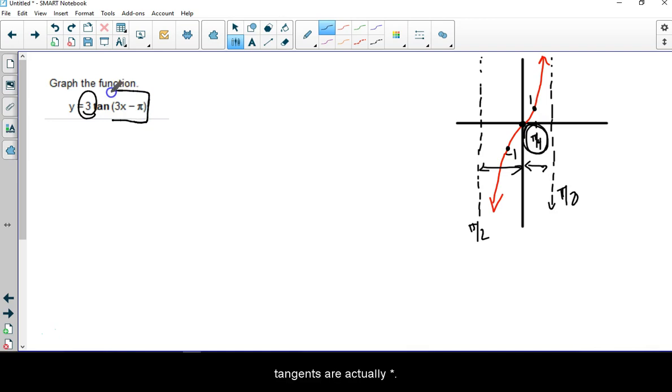With the tangents, I actually start with the phase shift, and I don't phase shift the 0. I phase shift the asymptotes, because then I know where it essentially ends and begins, and I can start chopping this up into quarters like I did with sine and cosine.